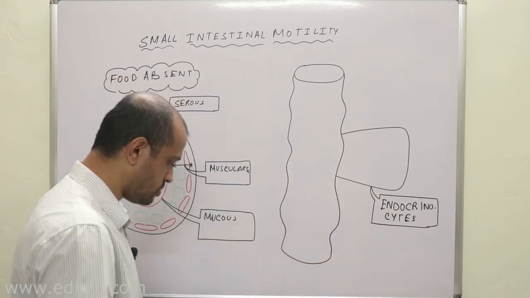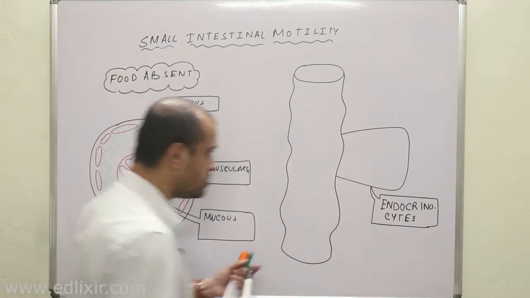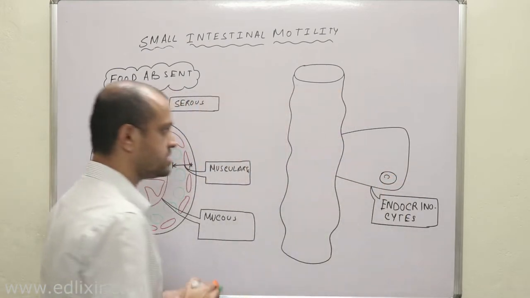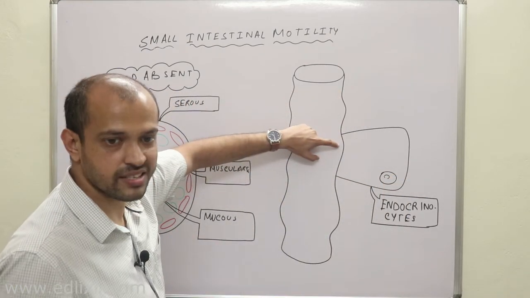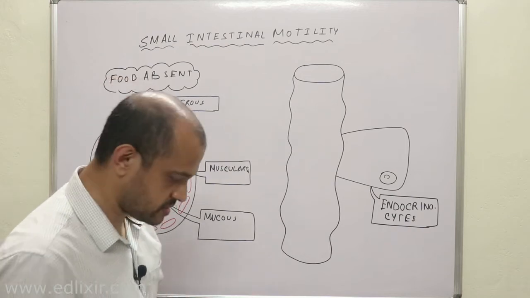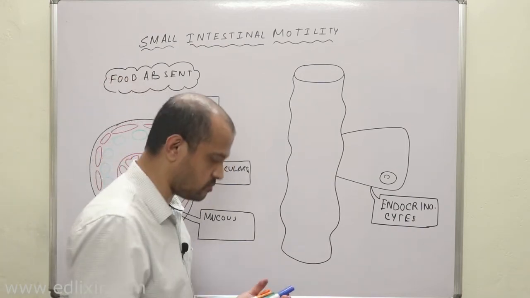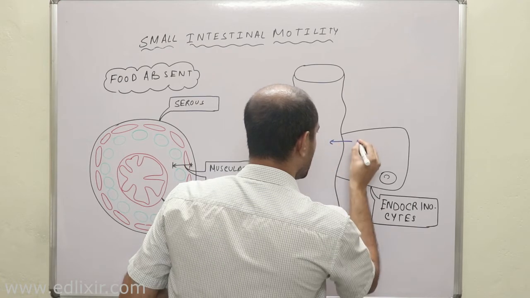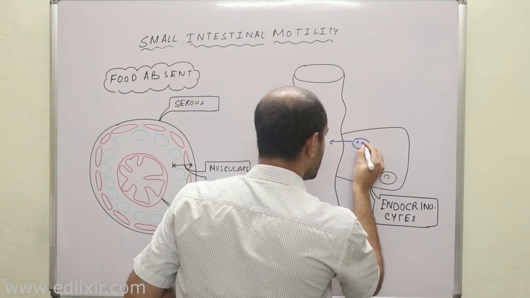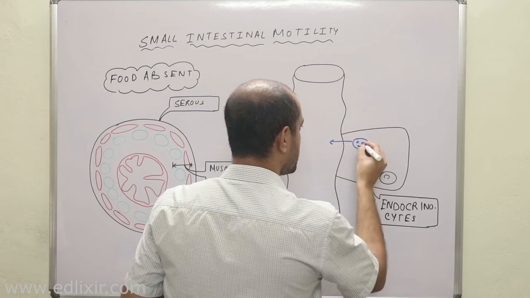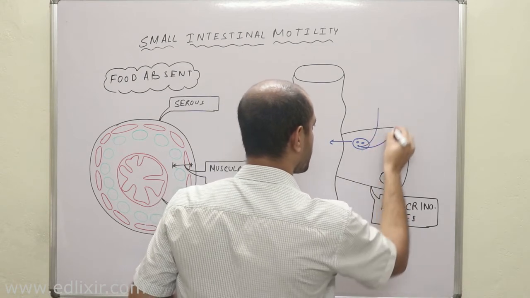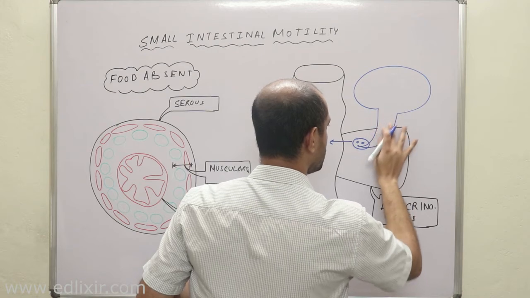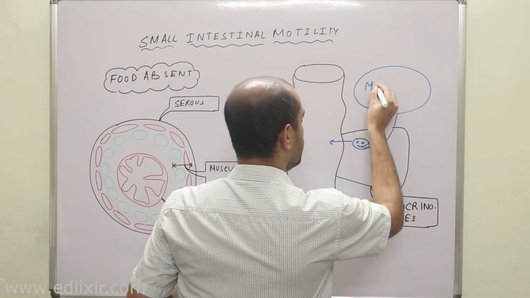Now listen with all your attention. These endocrinocytes are specialized cells which secrete a special hormone known by the name of motilin.